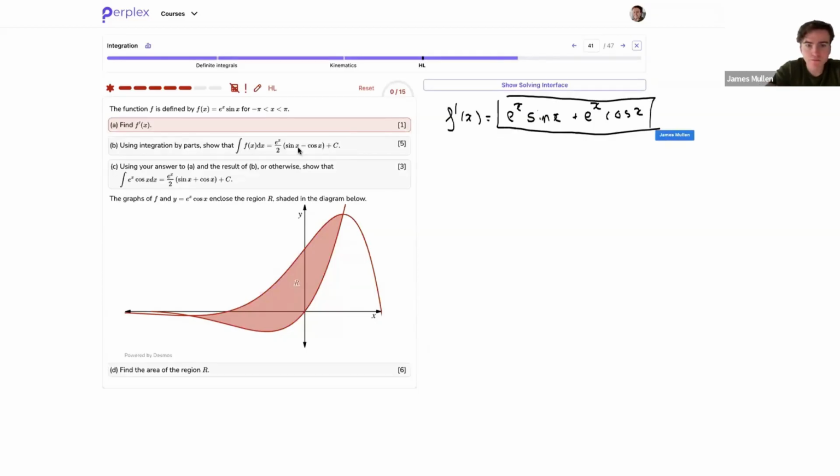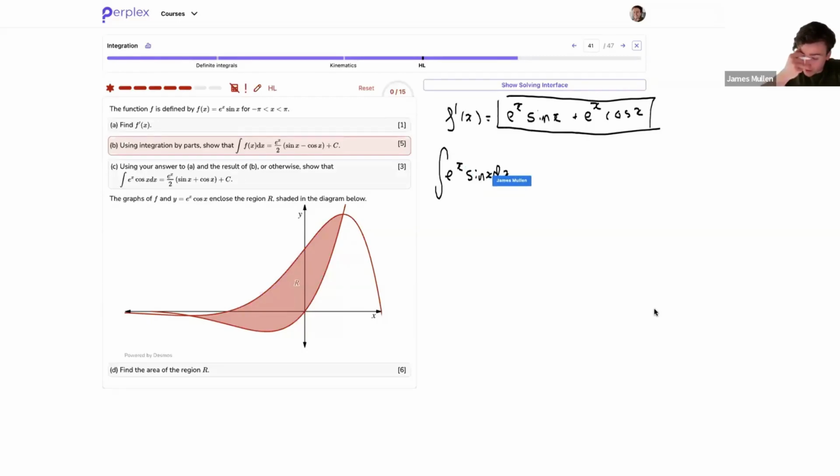Okay, that's part A. Now, using integration by parts, show that the integral of f of x dx is equal to e to the x over 2 times (sin of x minus cos of x) plus c. So I'm looking for the integral of e to the x sin of x dx.